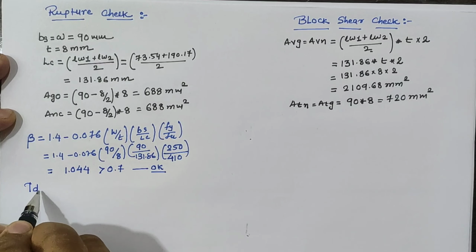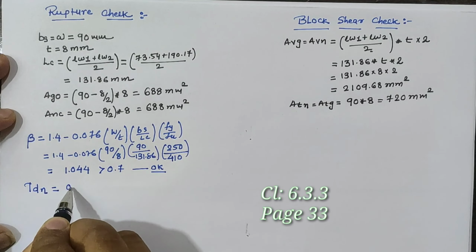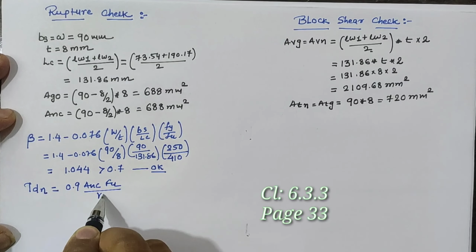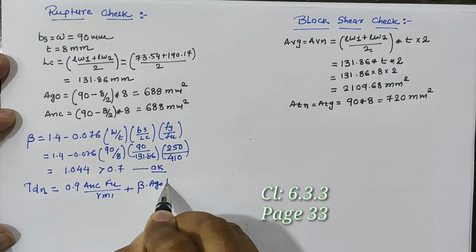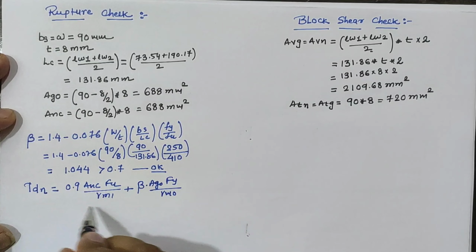Now rupture check equation is Tdn is equal to 0.9 Anc Fu by gamma m1 plus beta Ago Fy by gamma m0. Now let us put all the values.